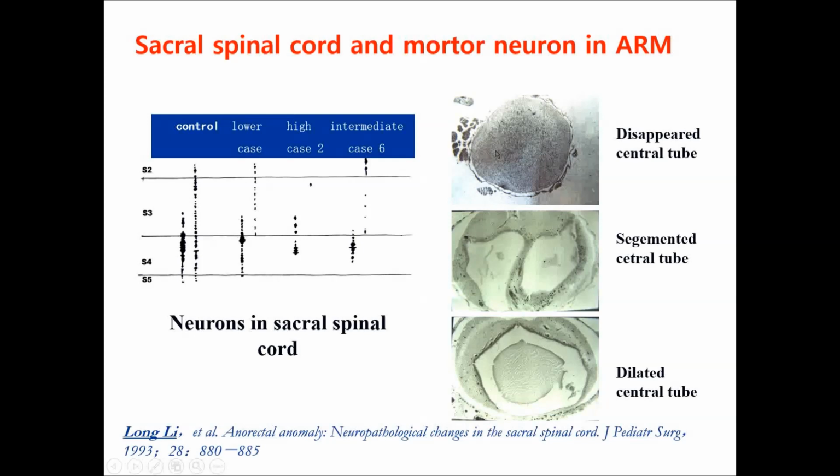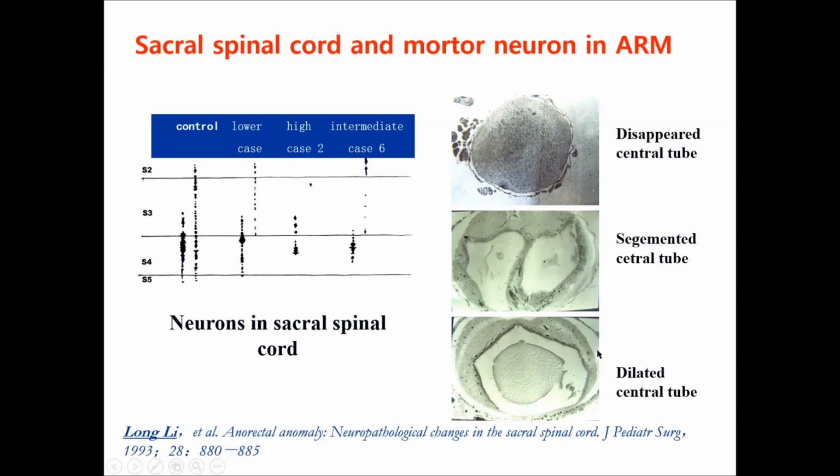This slide shows the sacral spinal cord in ARM. You can see this is the sacral spinal cord showing the disappearance of the central canal. And this slide shows the segmented central canal. This slide shows the dilated central canal in ARM.